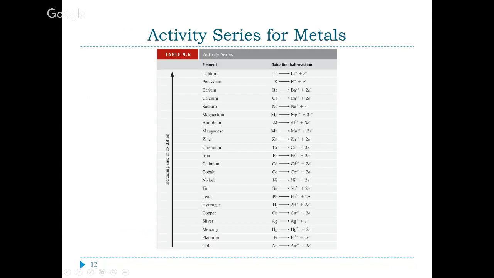So nickel can oxidize anything above it if it's nickel 2+, because then that means it's going to accept the electrons because the other substance was oxidizing them. So the important thing in learning how to use this activity series for metals, well, I guess there's hydrogen on here, but you're looking at the location. So anything below can oxidize anything above as long as the equation is written in reverse.